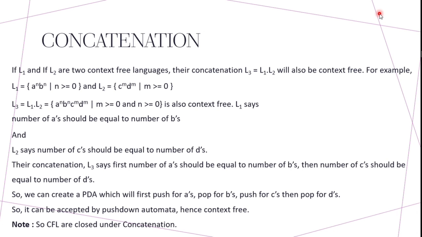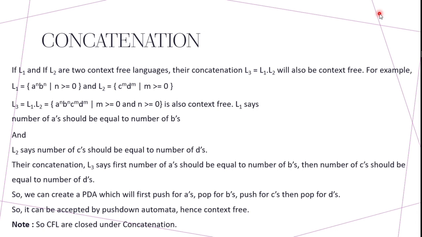It is also a context-free language because L1 says the number of A's should be equal to the number of B's, and L2 says the number of C's should be equal to the number of D's. Their concatenation L3 says first the number of A's should be equal to the number of B's, then the number of C's should be equal to the number of D's.